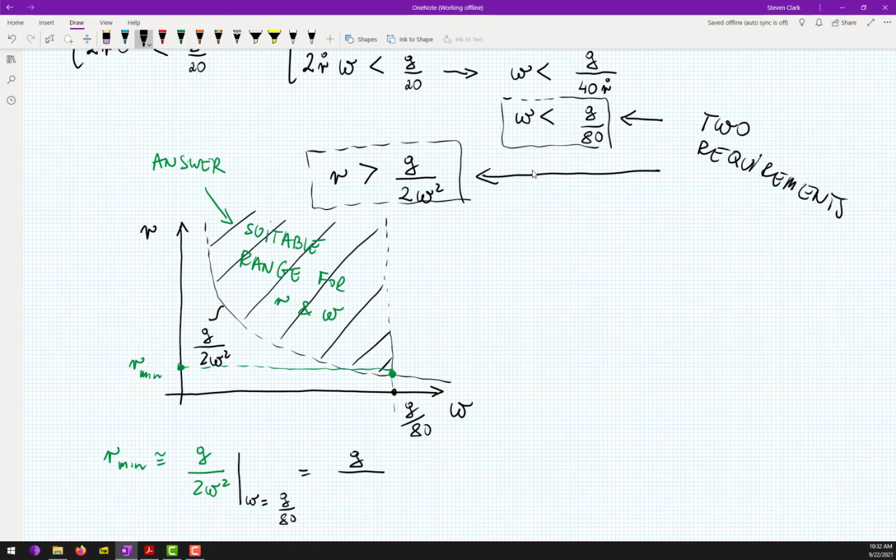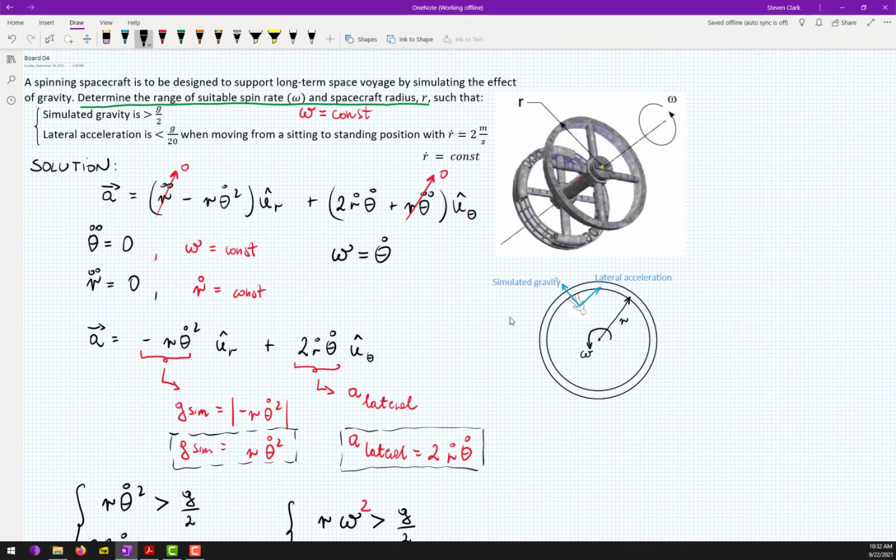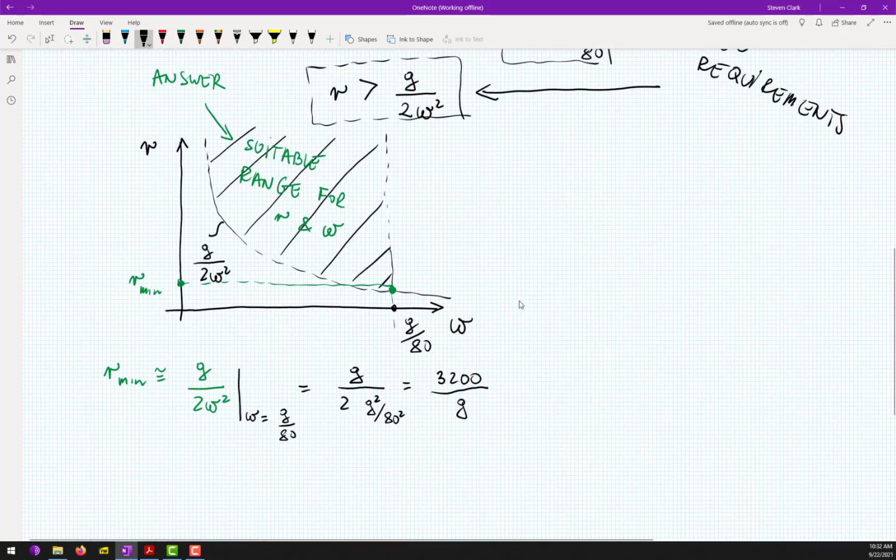G divided by 2 G squared divided by 80 squared. So this is exactly 3200 divided by G. Are we in SI units or US units? We are in SI units. So G is 9.81.